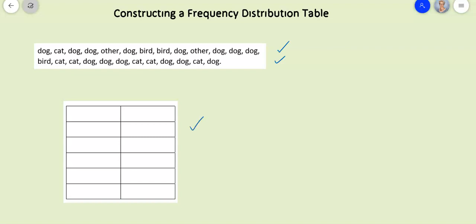And at the top of the left-hand column, we're going to write the name of the qualitative data that we're using. So here I'm going to be writing type of animal. On the right-hand side, I'm going to be writing frequency.